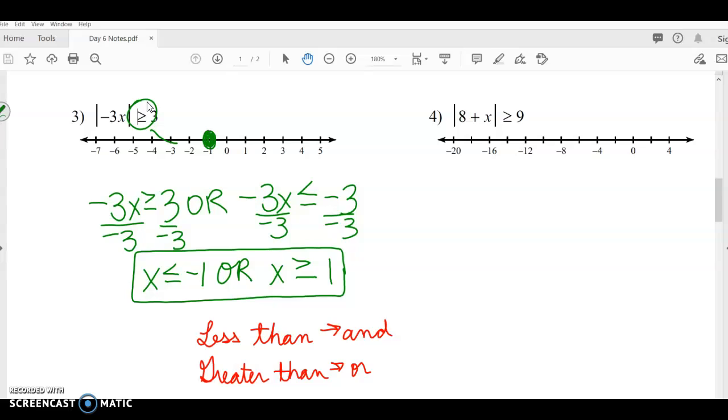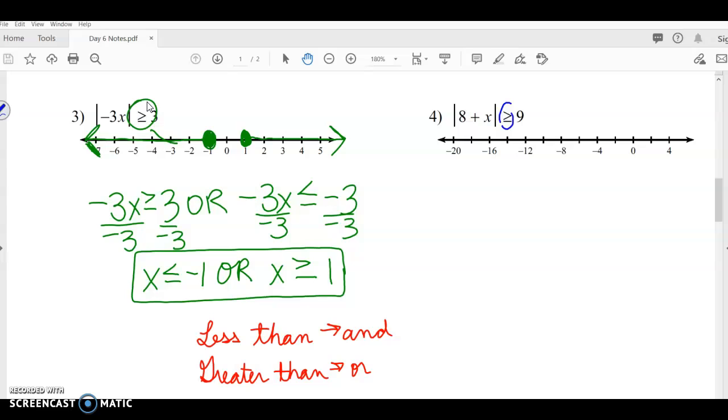You want the distance away to be greater than, which means you'd have to go further out, right? Which is going to make it an or. You have x is greater than or equal to 1, which means you could be at 1 including 1. It's greater than, because if you want to be greater than that away, you'd have to go further out, which makes it an or. So less than and, greater than or, right?